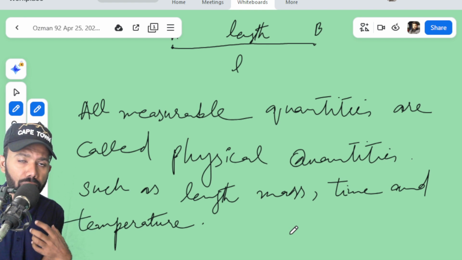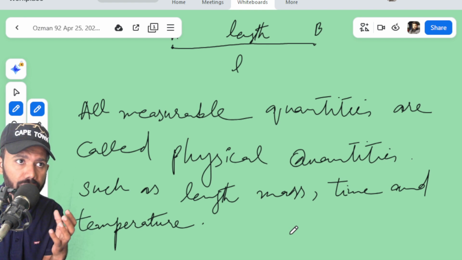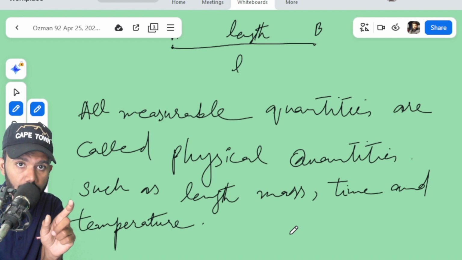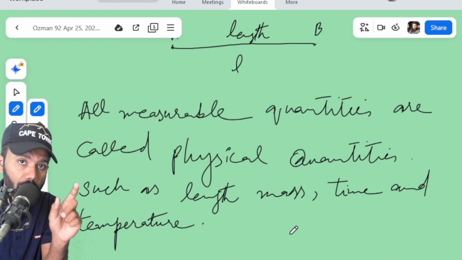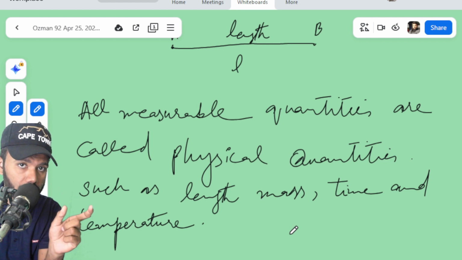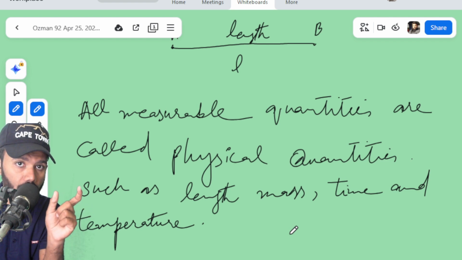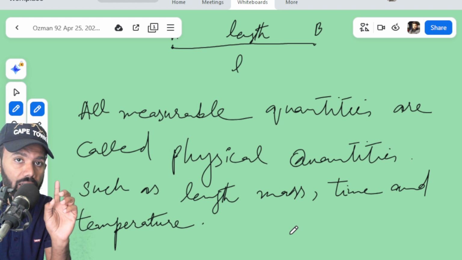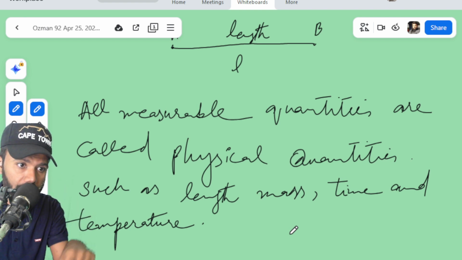I have about 45 kg, I have about 50 kg, so that kilogram or kg is a unit, and that number 45, 60 or 65 is the magnitude, right? A numerical value. So a physical quantity has two features. One is the numerical value, called the magnitude, and the other is the unit in which it is measured, right?